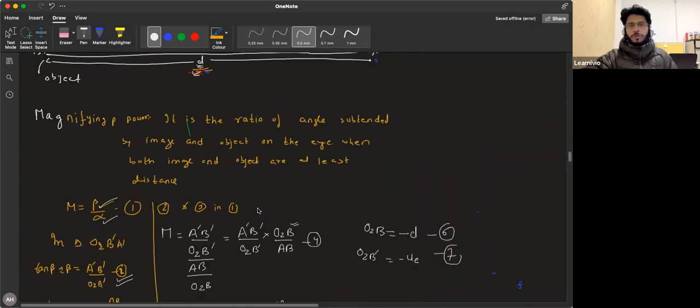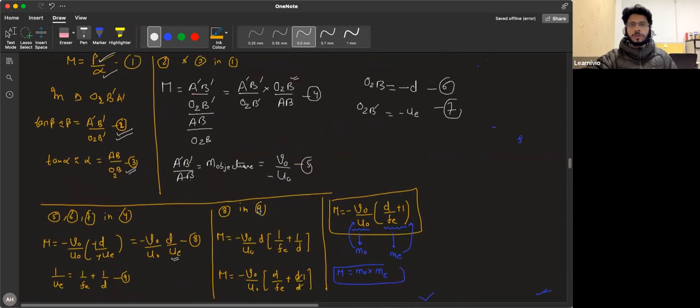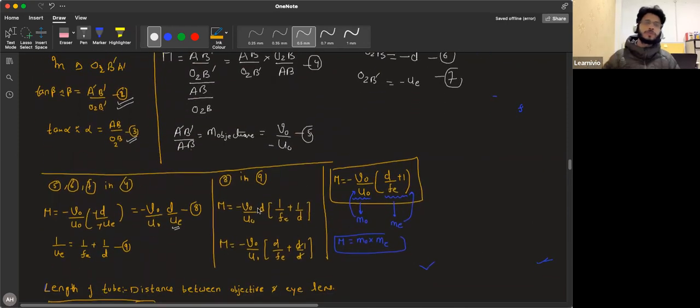So here we will use the lens formula, as for the simple microscope. So 1 by UE is what? It's 1 by V minus 1 by U is 1 by F. Let's write the entire lens formula: 1 by VE minus 1 by UE is 1 by FE.